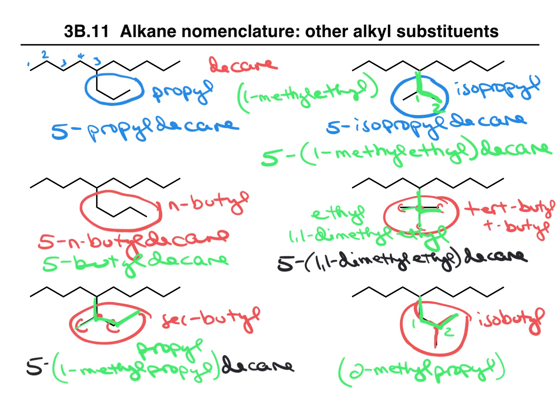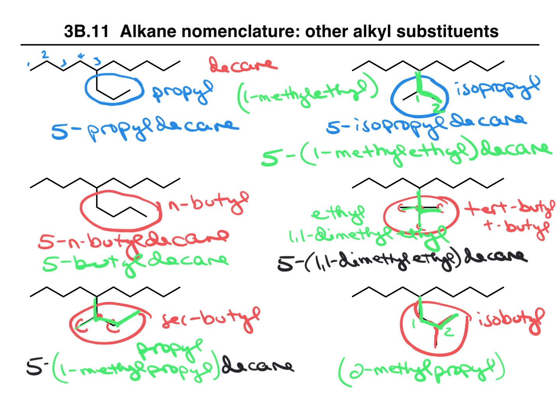Now, when it comes to these substituents, I like isopropyl, I like t-butyl. I am never going to use propyl or n-butyl or sec-butyl or isobutyl. And I'm not going to use the full IUPAC names either. So if you have a problem from the textbook, then you might have these branches.